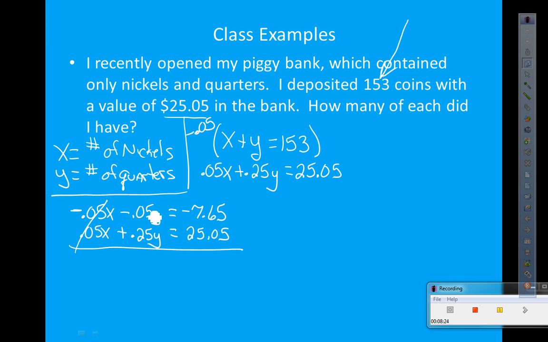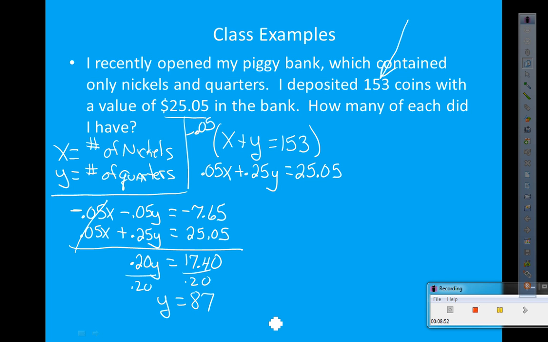Now I'm going to take negative 0.05 plus 0.25, and I'm going to get 0.20y equal, and I'm going to add these two items together and get 17.40. I'm going to divide both sides by 0.20. So I'm going to get y to be 87.